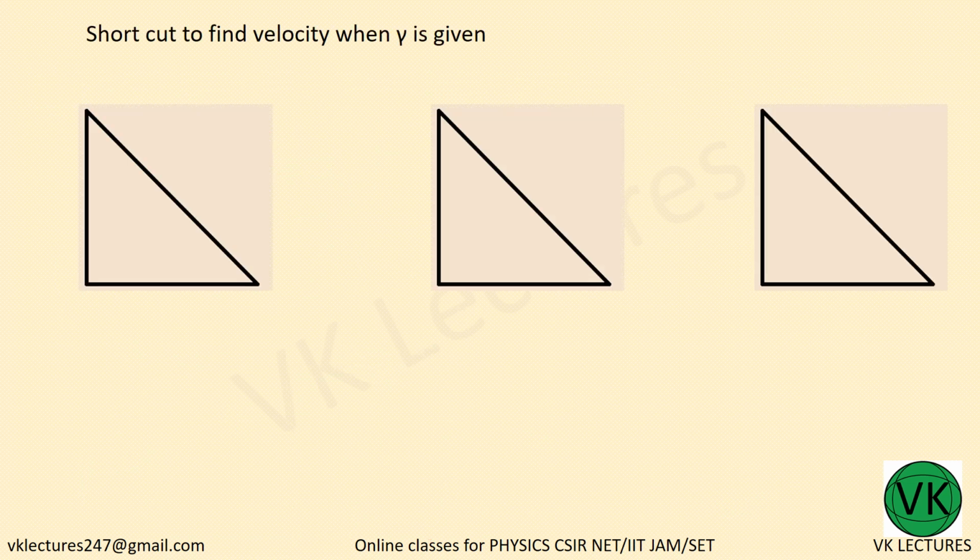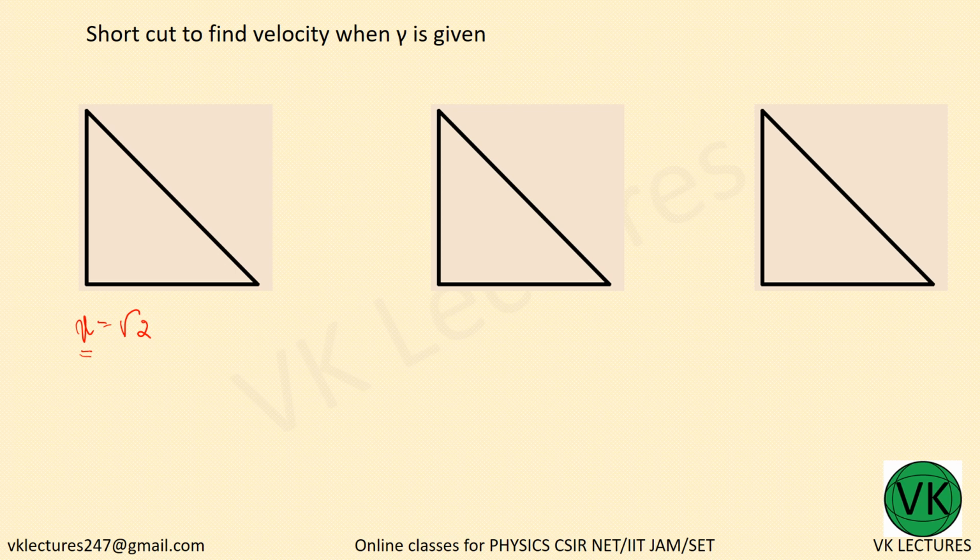Here we are going to learn how to find out the velocity when gamma is given. When gamma is given, how will you find out the velocity? In the previous question we have gamma equal to root 2. Now what you have to do is write this gamma as sides of a right angled triangle.